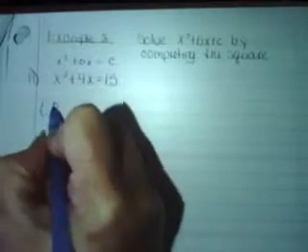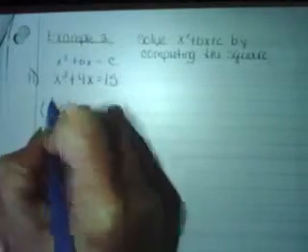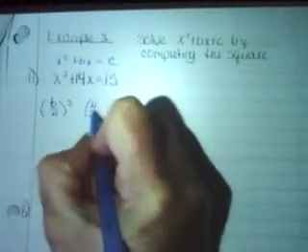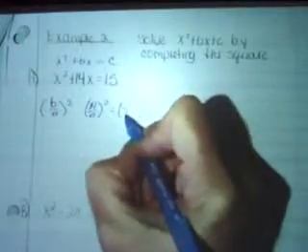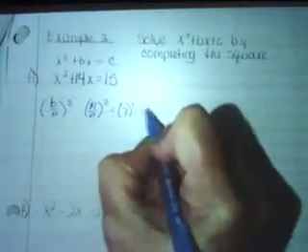So step 1, is this in the form x squared plus bx equals c? Yes, it's already there. So step 2 is we need to find b divided by 2 and square it. So I'm going to have 14 divided by 2 squared. 14 divided by 2 is 7. 7 squared is 49.